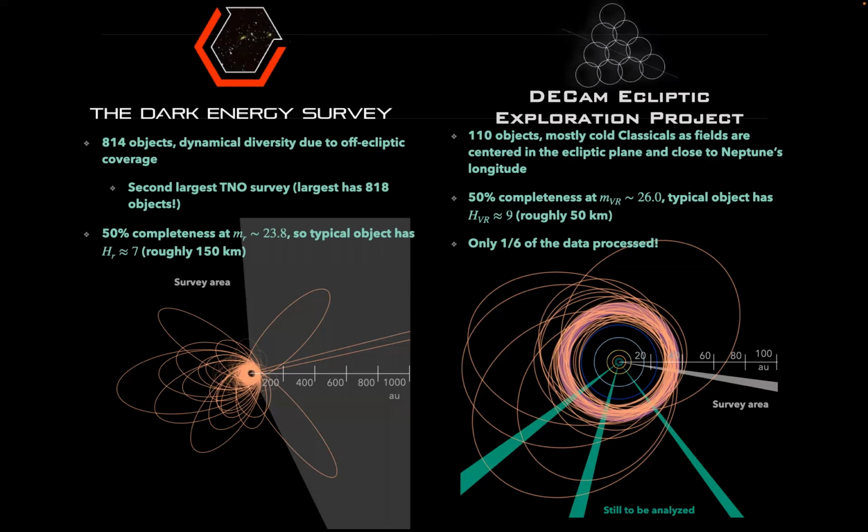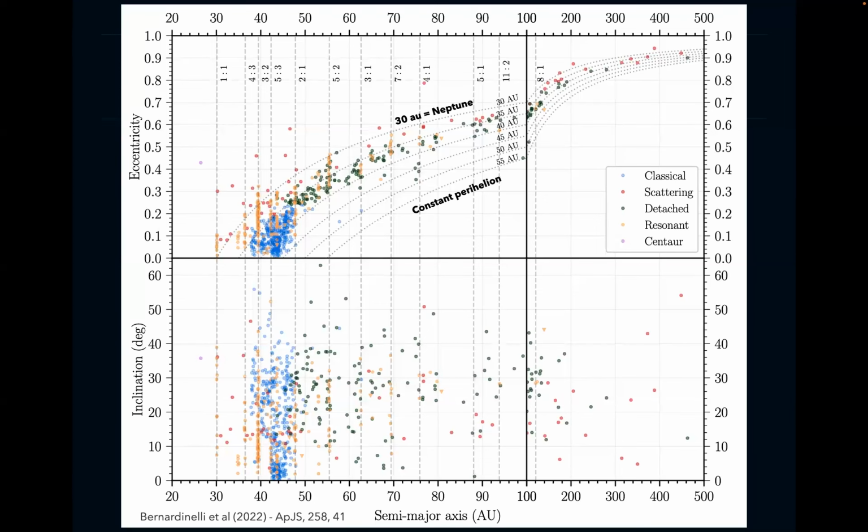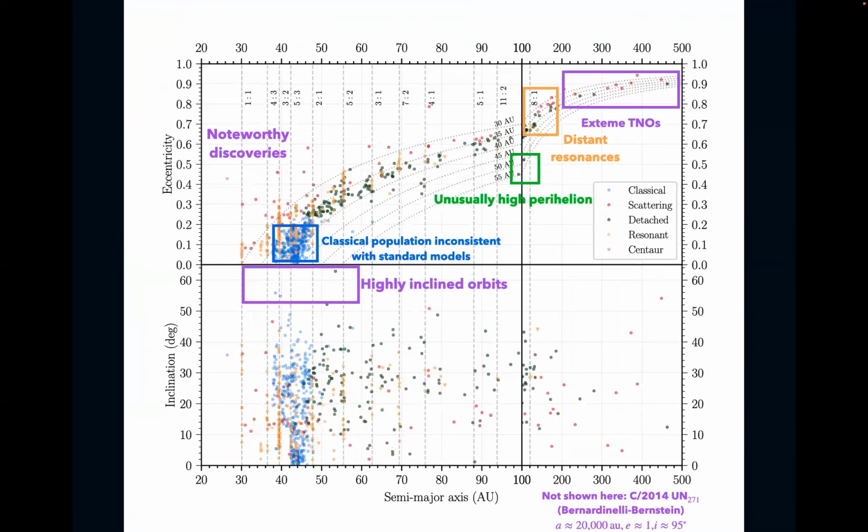So going back to this plot, the lines diagonally in the top panel are lines of constant perihelion, and 30 AU is where Neptune is. So you can see that there's a lot going on there. This is actually all the 800 objects from DES. And let me just give you a very quick overview of some of the interesting things we found.